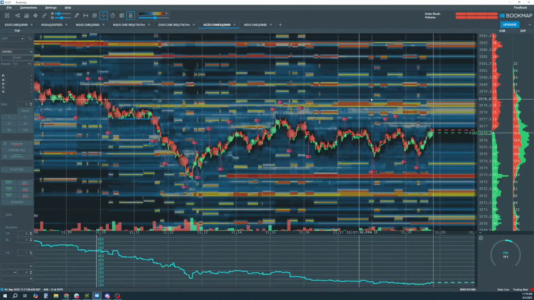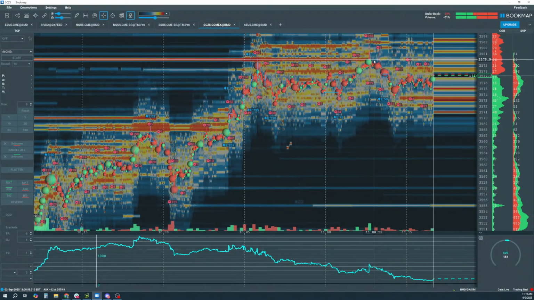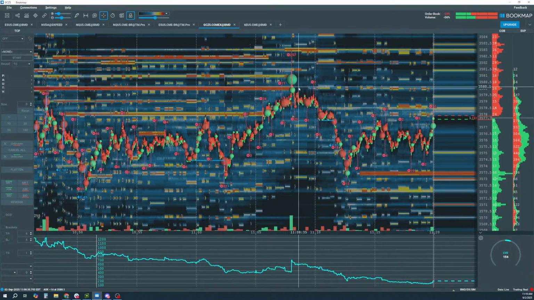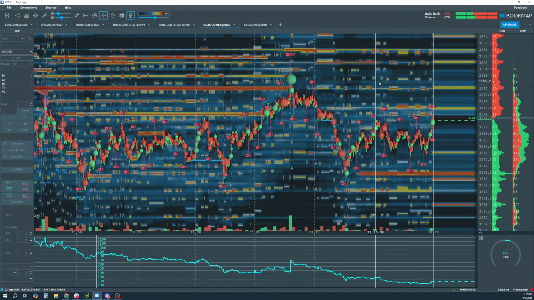How about our gold? Let's jump back to our gold. Where's gold? So it hit that 80 level. Okay, so all-time highs, and then it sold off. 257 stops here, and then the push back down.